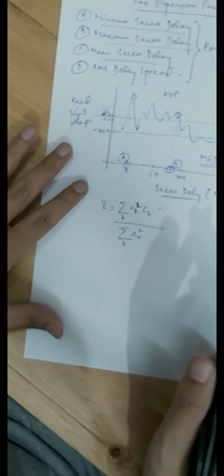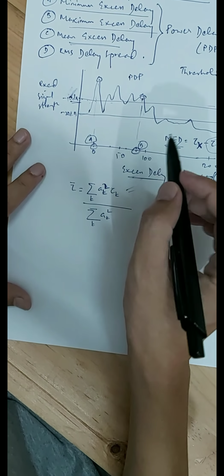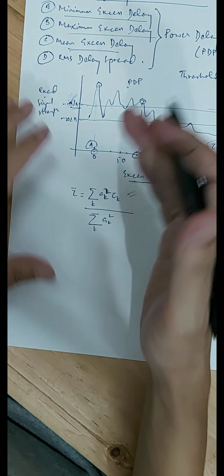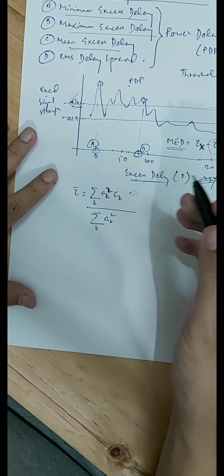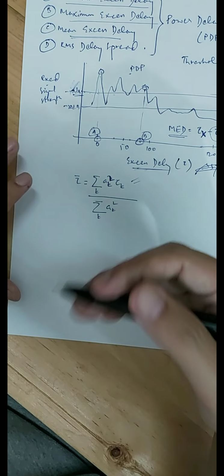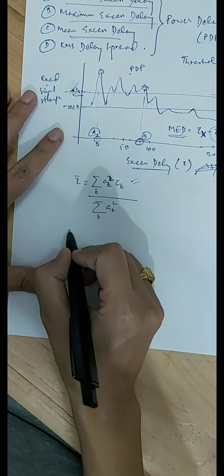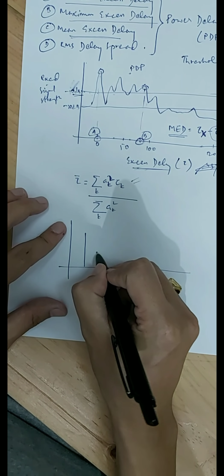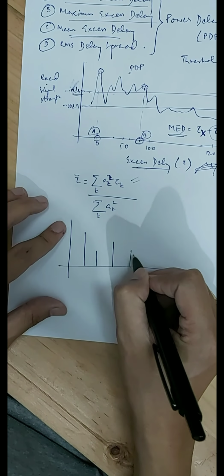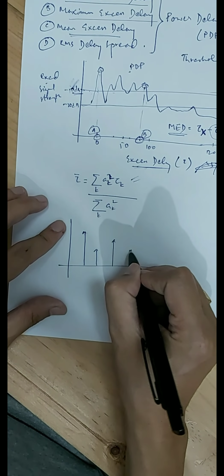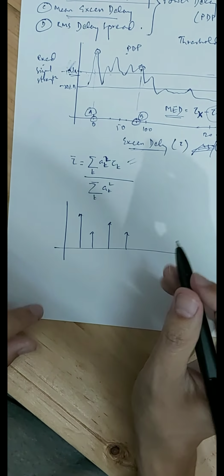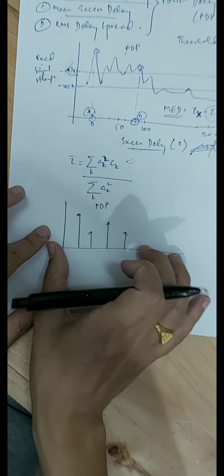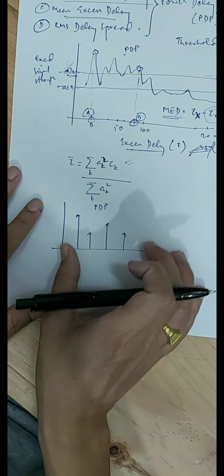Now what is this a_k? I told you in the last class that any of your received signal can be represented in terms of your impulse response. So from this PDP, I can show this PDP in the form of impulse response as well. So let's say these are your impulse response. This is also a PDP graph, but I'm showing this as impulse response.